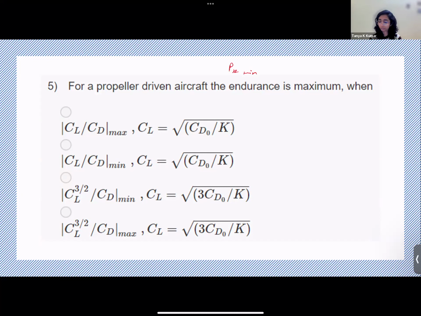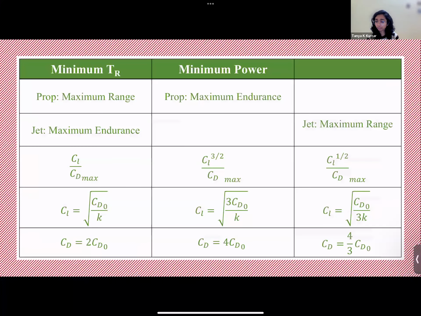D. Yes. Now here D is the right answer. So it's the maximum endurance, so minimum power required case here. So CL raised 3 by 2 by CD is maximum. And CL is under root of 3 CD naught by K.